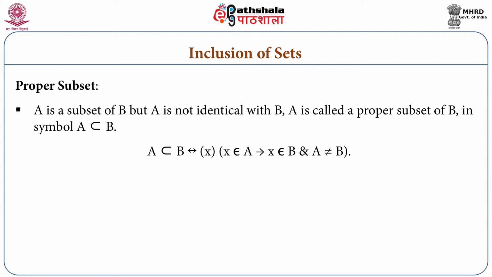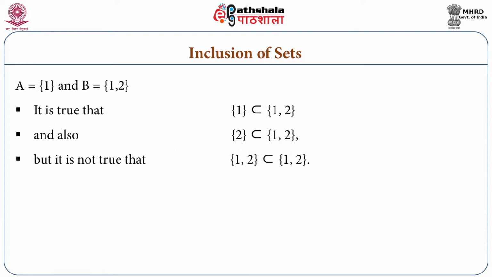So given this, let us say A has one element 1 and B has two elements 1 and 2. So there we can say that A, which is having 1 as an element, is a proper subset of B, having two elements 1 and 2.